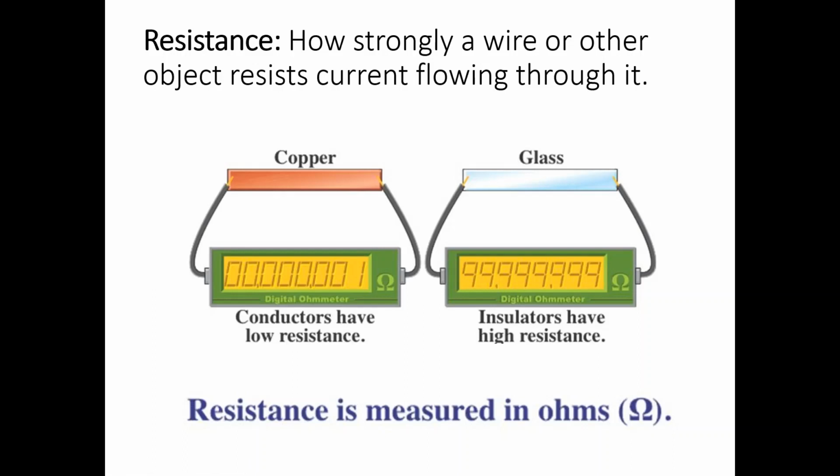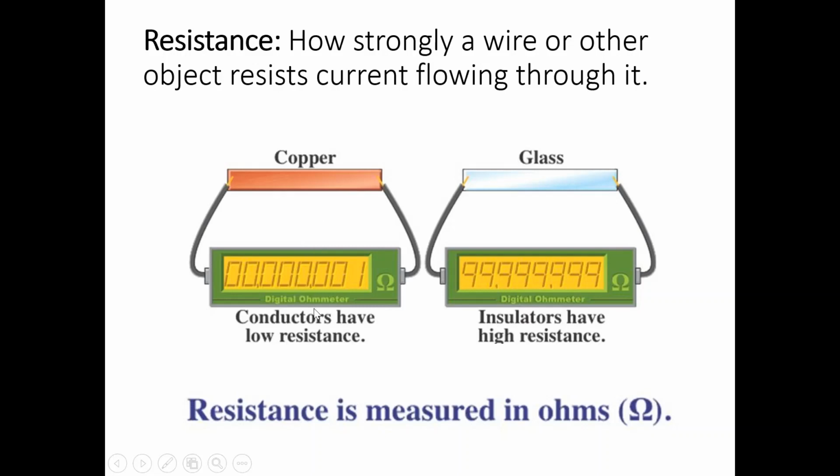And you can see the number is very low on that one. The glass, though, has a really high resistance. So if it has a high resistance and a high number on the ohm meter, it's called an insulator. It resists electricity going through it at a very high rate.